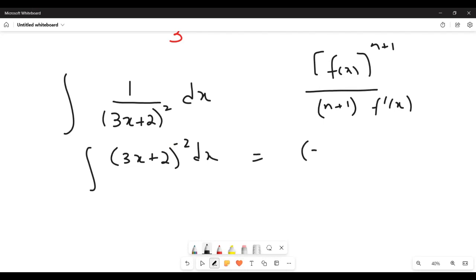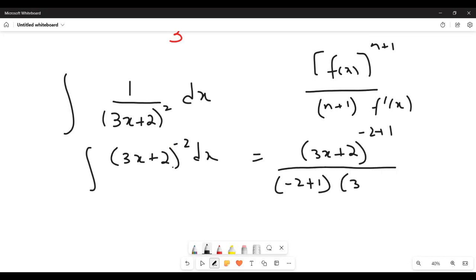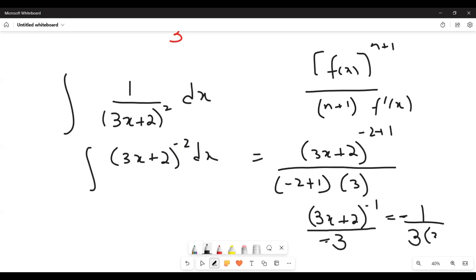So that's going to be (3x plus 2) power minus 2 plus 1 upon minus 2 plus 1. And then the derivative of 3x plus 2 is 3. So we get (3x plus 2) power minus 1 upon, in the denominator we have minus 3. So we may rewrite it as minus 1/3, and in the denominator you can write (3x plus 2). And plus c, of course. Do not forget the plus c.